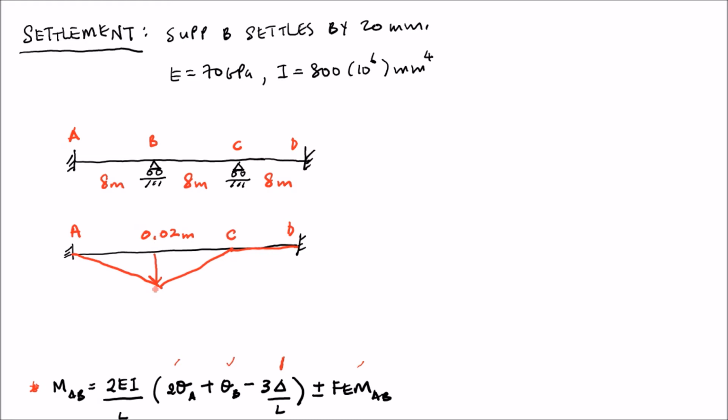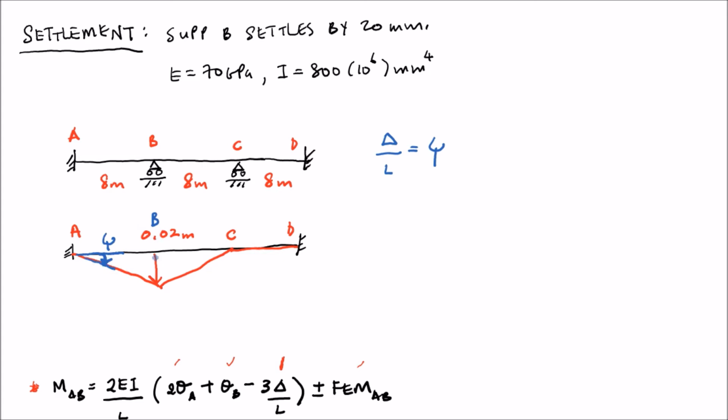If you want to determine how much delta over L is, it can be rewritten as a symbol of this rotation, basically. For AB, you just look at AB only. What happens is that you are going to have a clockwise rotation at AB. Clockwise means you measure it from the original horizontal line to the new slope, which is clockwise.